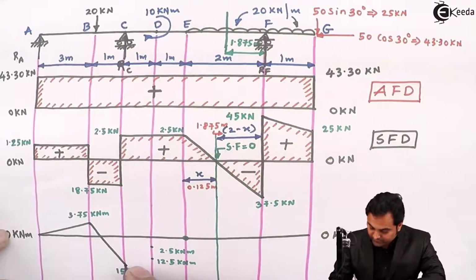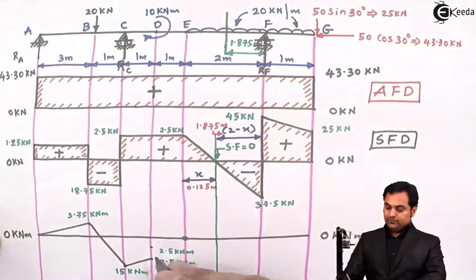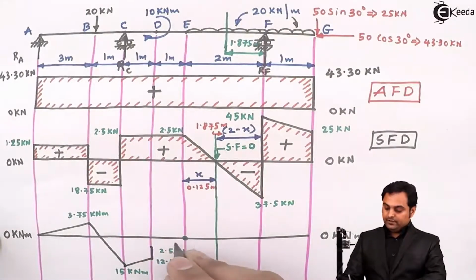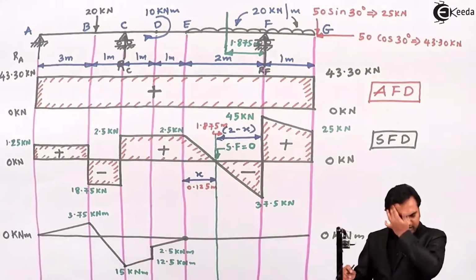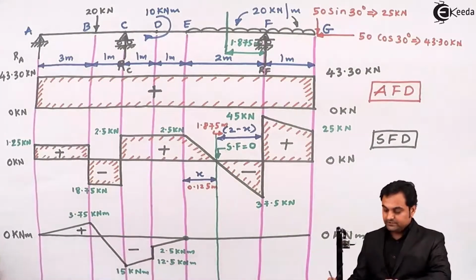So from minus 15 to minus 12.5 kilonewton meter. Then at D there are two values, from minus 12.5 to minus 2.5 kilonewton meter, and then finally from here up till 0. So this is the half bending moment diagram. This much region is plus and here it is minus.